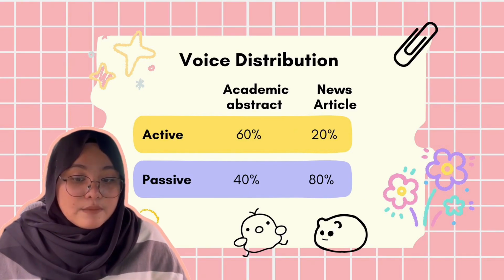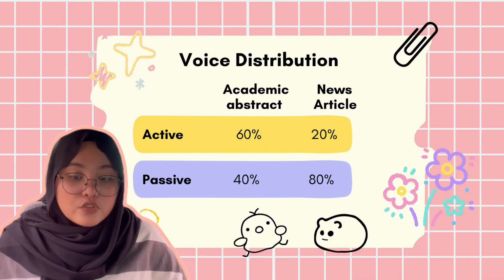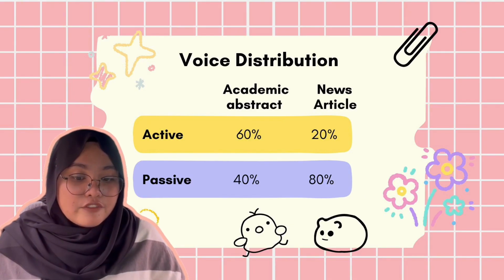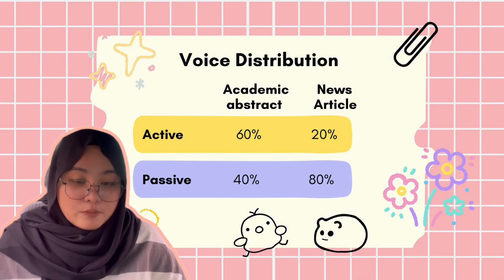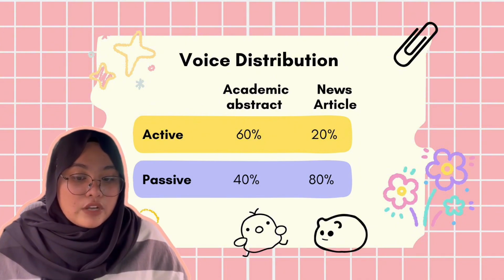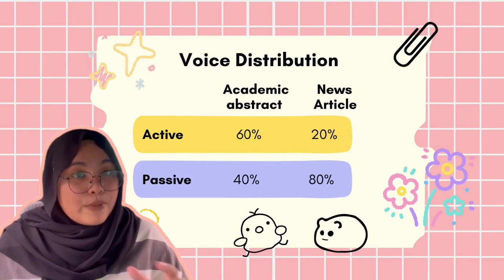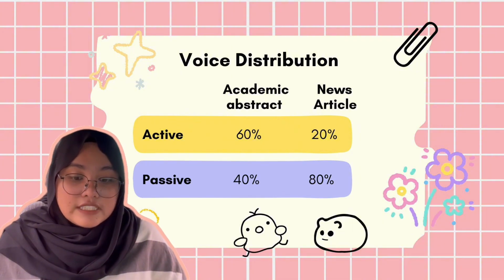In this part, the academic abstract uses both active and passive voice to maintain a formal tone while highlighting researchers' processes, and passive construction shifts focus away from the researcher, reinforcing the objectivity. Meanwhile, the news article shows a strong preference for the passive voice, 80%, which allows journalists to focus on victims and outcomes rather than agents.